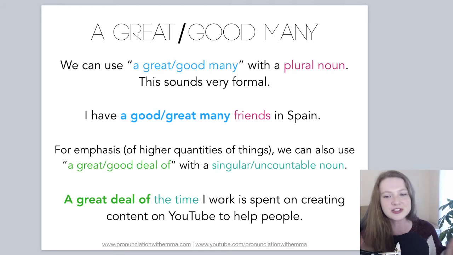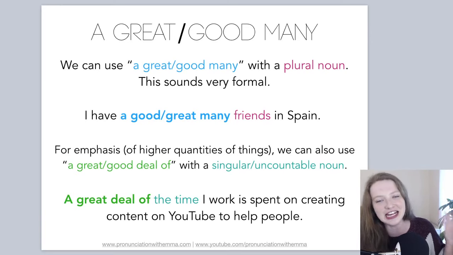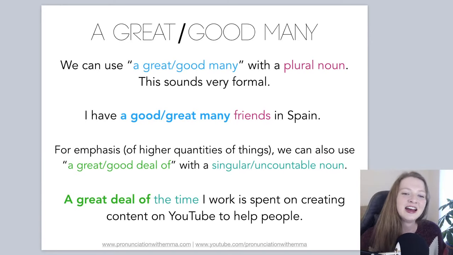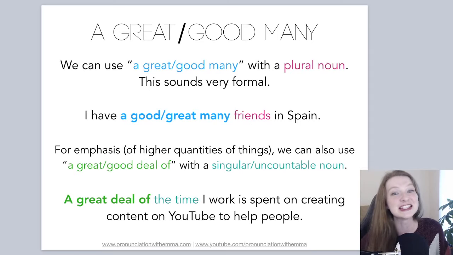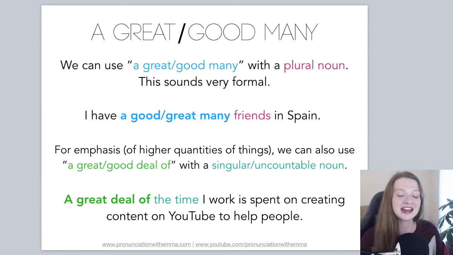So, just to carry on from the a good many friends thing, for emphasis and for higher quantities, so imagine if I had more friends, okay, I can say a great or a good deal of with singular and uncountable nouns.